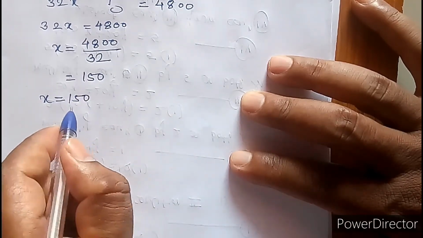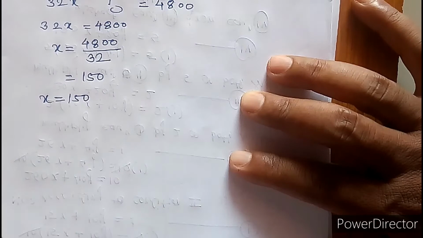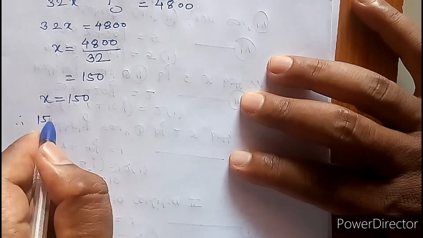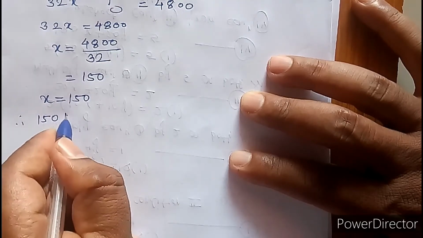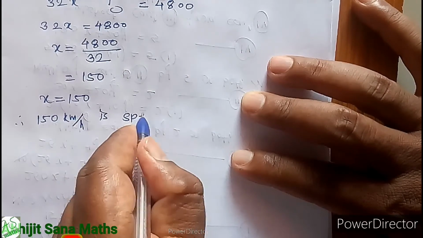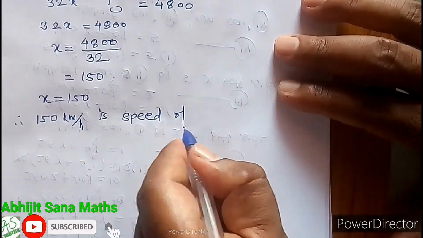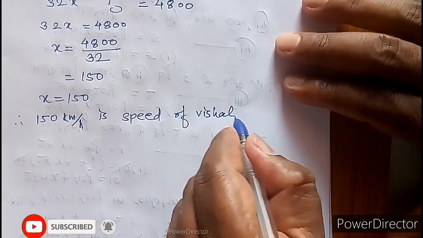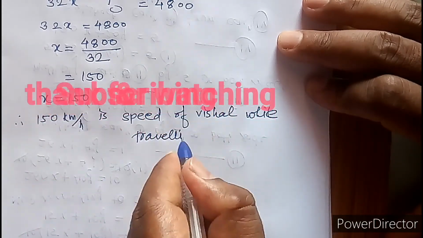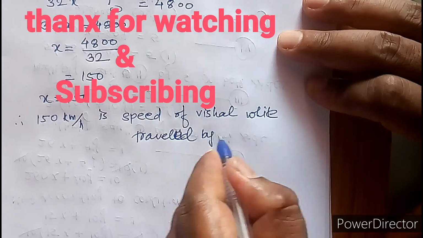Here x is nothing but the speed of Vishal while traveling by bus, therefore 150 kilometers per hour is the speed of Vishal while traveling by bus.